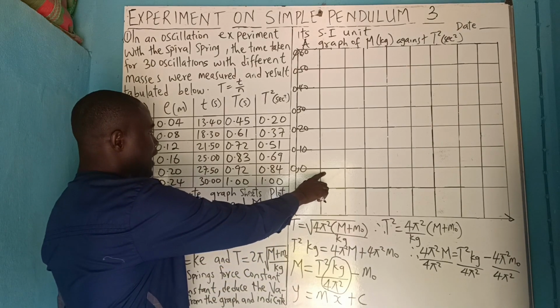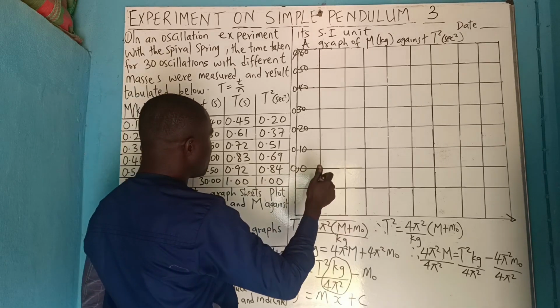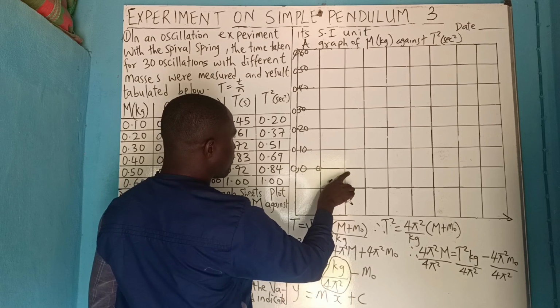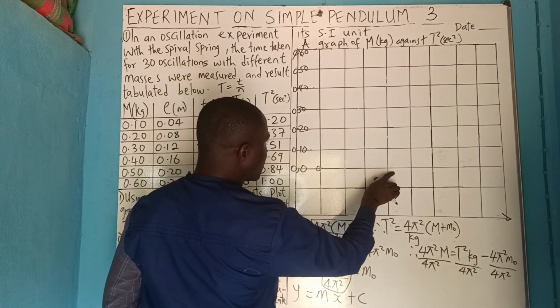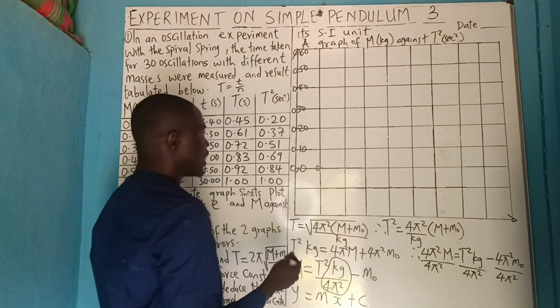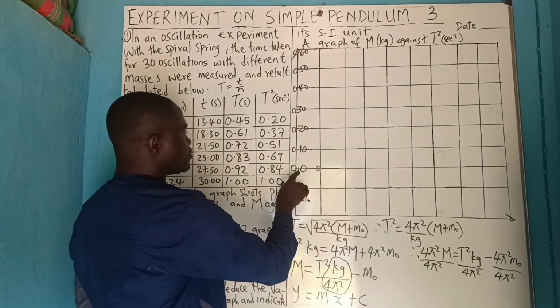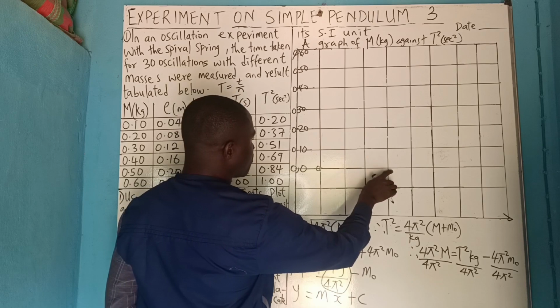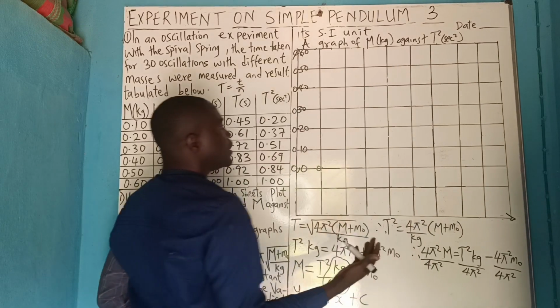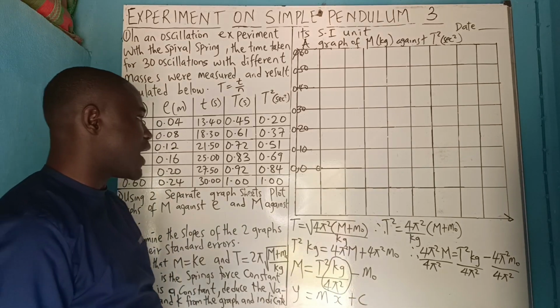Then come to this side. Here I will be using 0.2, 0.4, 0.6, 0.8, 1.0. Can it go by 0.1? 0.1, 0.2, 0.3, 0.4, 0.5, 0.6, 0.7, 0.8, 0.9. It can't go by 0.1. Are you getting it?